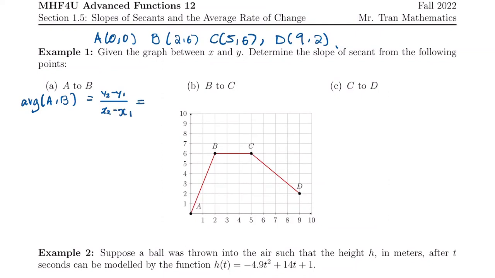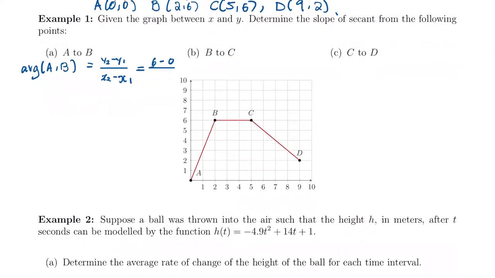That is simply going to be 6 minus 0, where B is going to be the x2, y2 here, and x1, y1 for the A. So that means x2 minus x1 is going to be 2 minus 0, which, if we calculate the slope, would give us an average of 3.